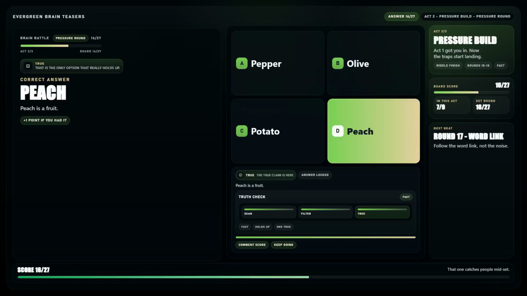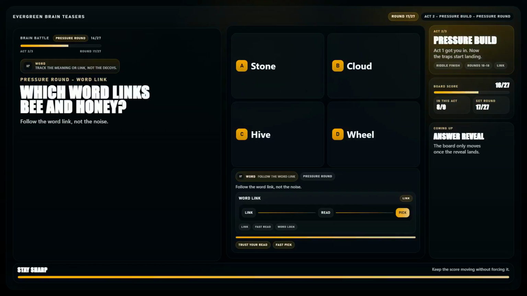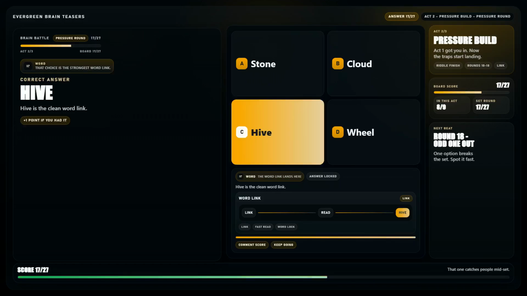Peach. Word switch. Which word links bee and honey? Hive.